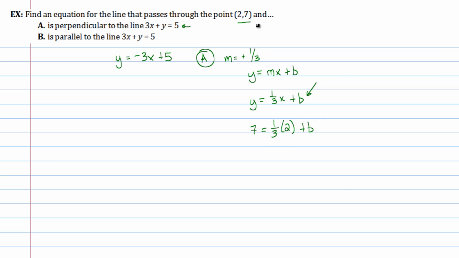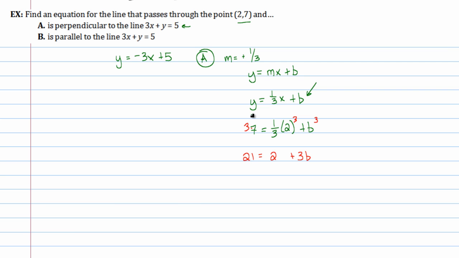I solve this kind of a weird way: where I see an equation with fractions, I'll just multiply everything by 3. A lot of people don't like that, but I don't mind. If I multiply each of these objects by 3, I'll get 3 times 7 is 21. 3 times 1/3, those cancel and I just have 2. And 3 times b is a positive 3b, which gives me an equation with no more fractions. It's just so I can avoid them.